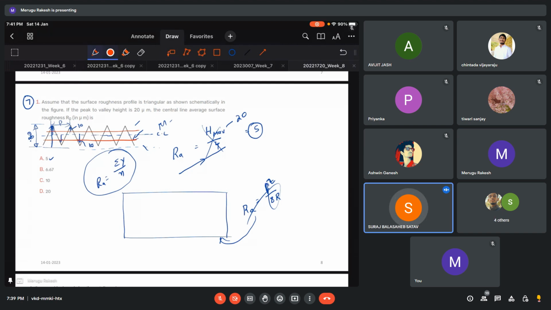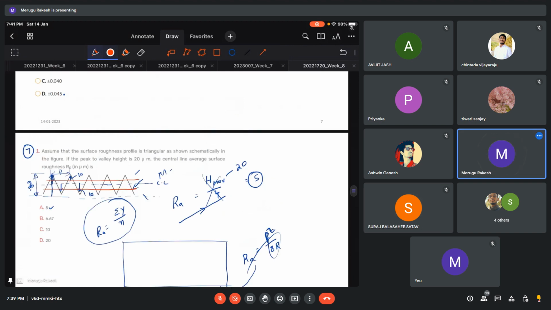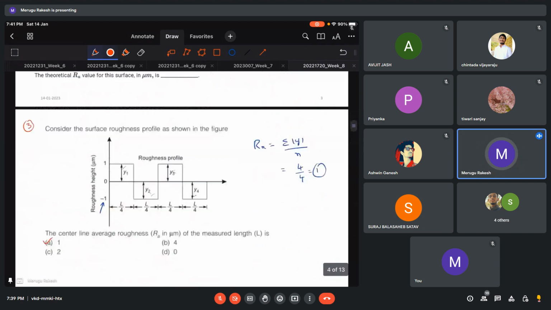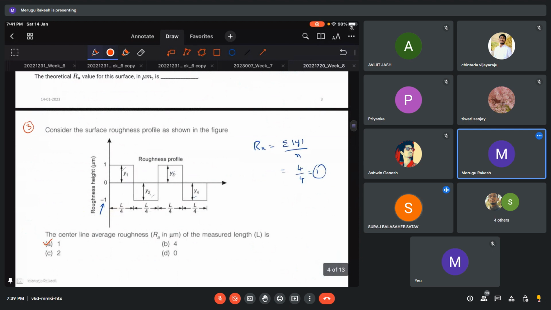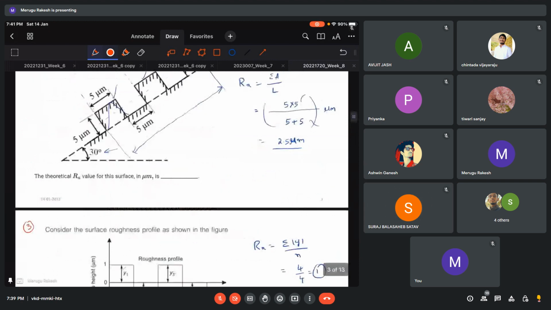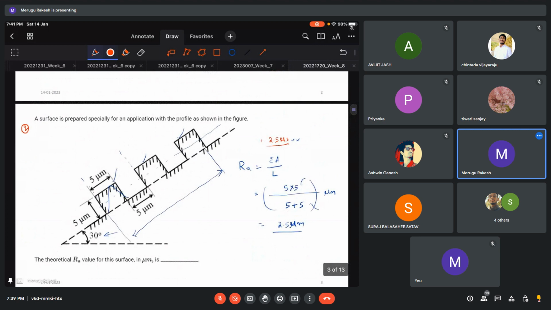In one of the previous questions, a square profile was given. In this case, we can't take the center line at the bottom. In general, we take the central line in order to decide, but in this case, we are going with a different formula.